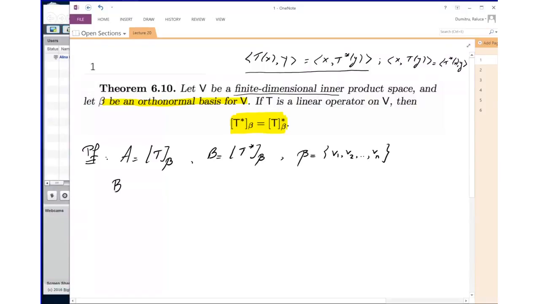All right, then we've seen that on an inner product vector space, you can find the entries of the matrix by just computing the inner product. So Bij, those are the entries of the matrix of T star, is given by the inner product of T star of Vj with Vi.